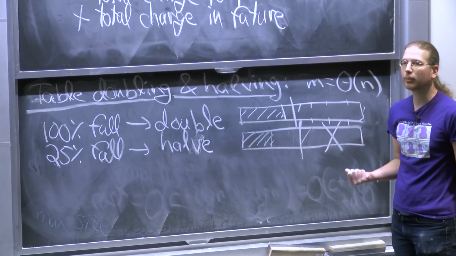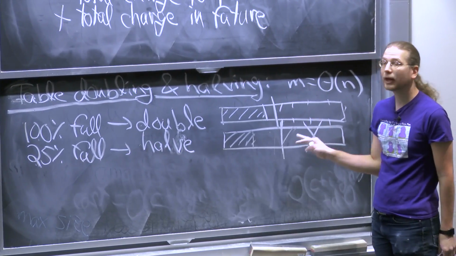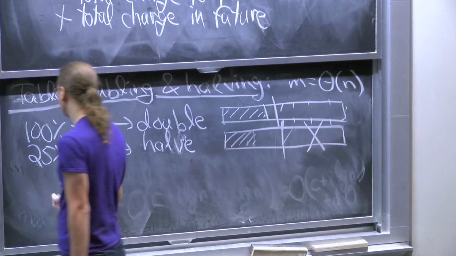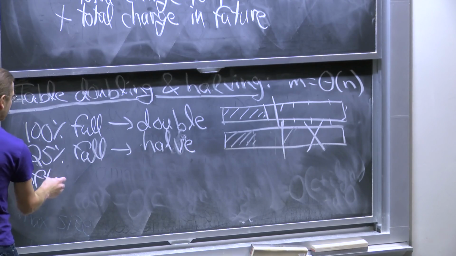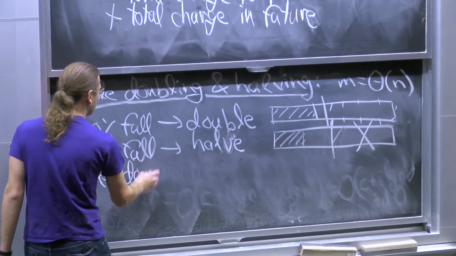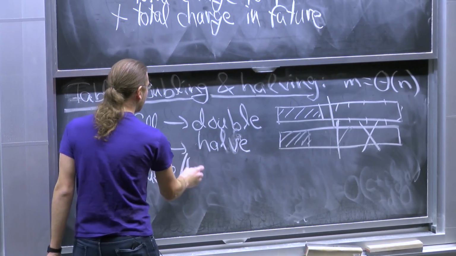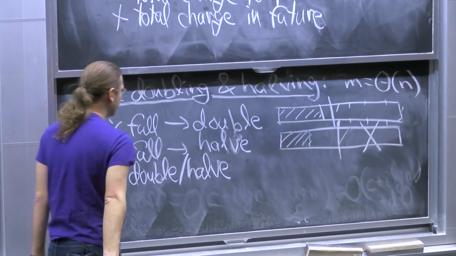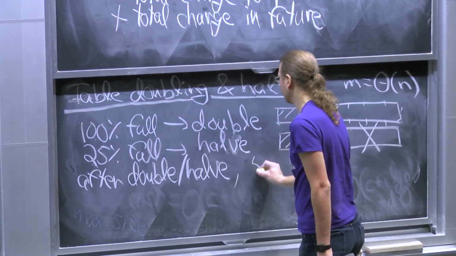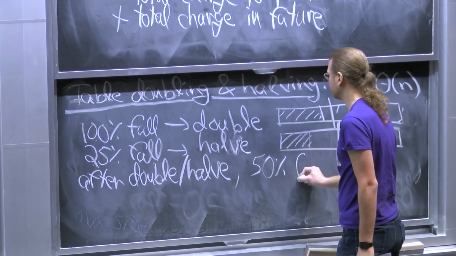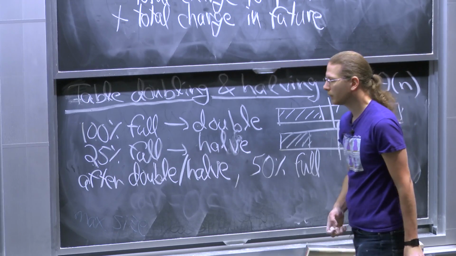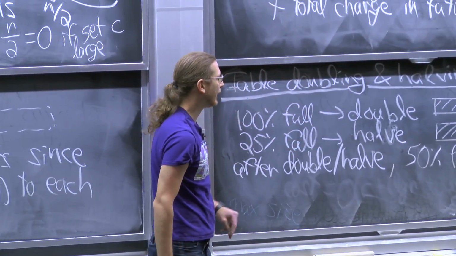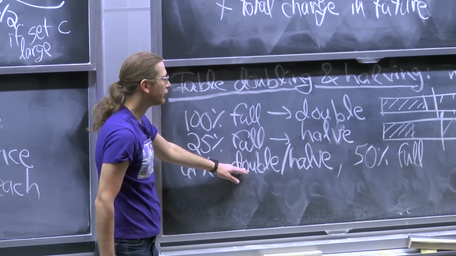So whenever I do a double or a halve, the new array is half full, 50%. That's nice, because 50% is far away from both 25% and 100%. So our nice state is right after a doubling or a halve. Then we know that our structure is 50% full.